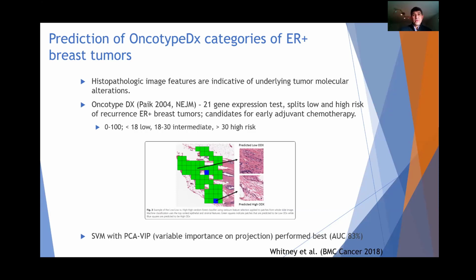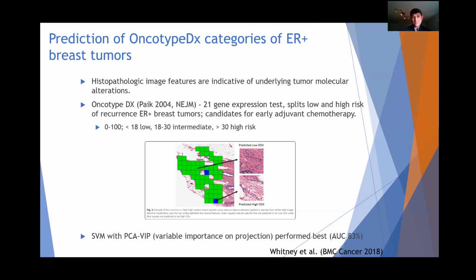Using multiple methods, the authors showed that a support vector machine approach based on digitally assessed histologic features could classify these OncotypeDx categories, these molecular categories, with a high area under the receiver operator characteristic curve.